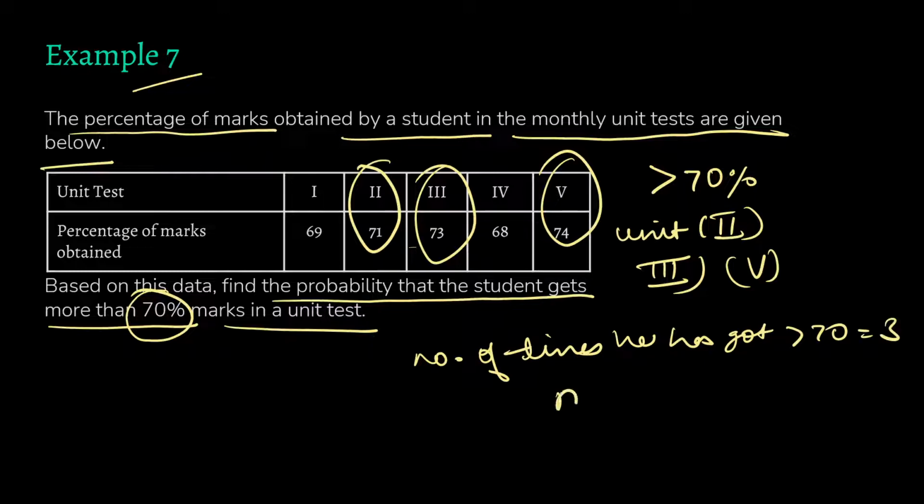And our n, the number of times the unit test has happened, is 5. So our probability of greater than 70 would be 3 by 5, which comes out to be 0.6. So this is our probability that the student will get marks more than 70% in the unit test.